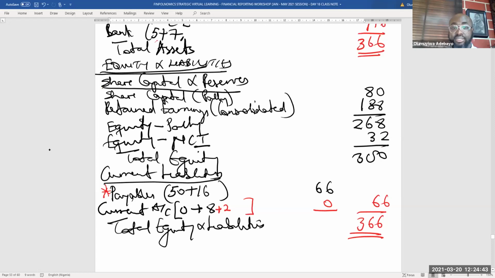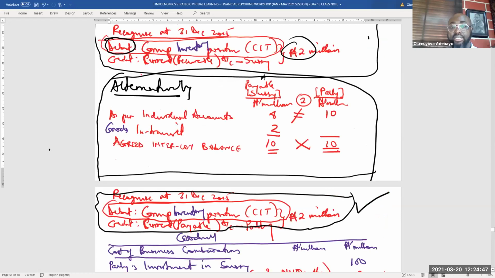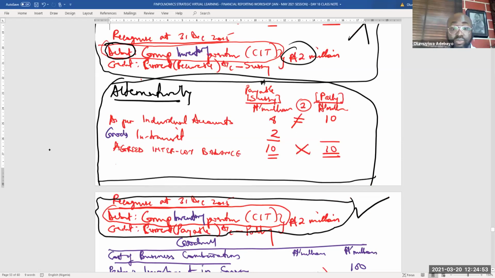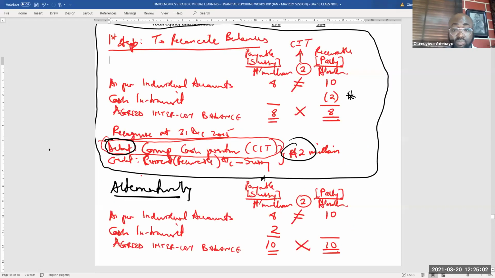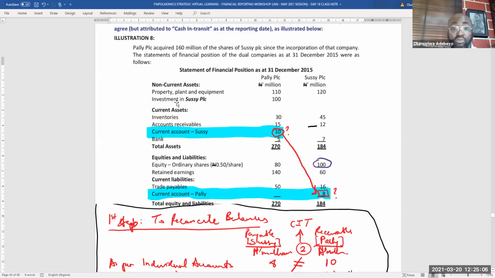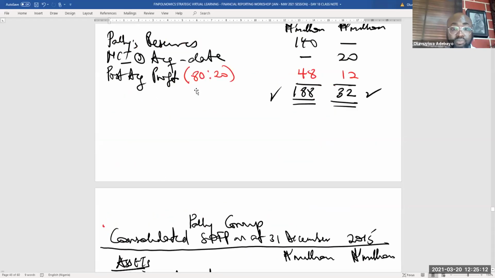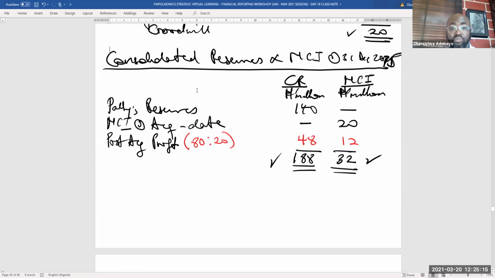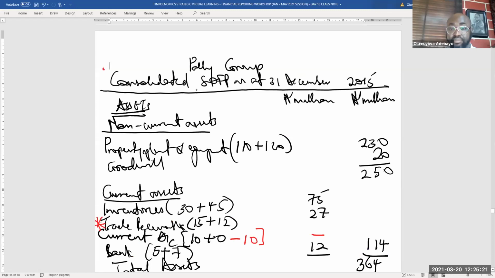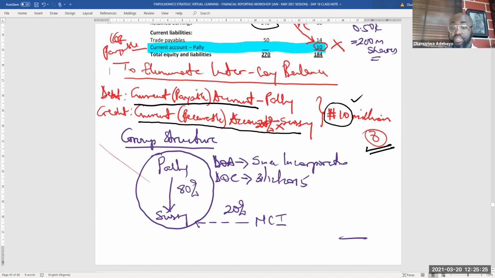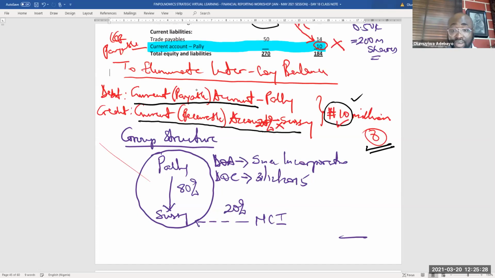It is 10, unlike this case when it was 8. It is 10, 10, 10, which means when I come back here, the entry I pass with respect to elimination is 10 that we are passing an adjustment for, which is this.